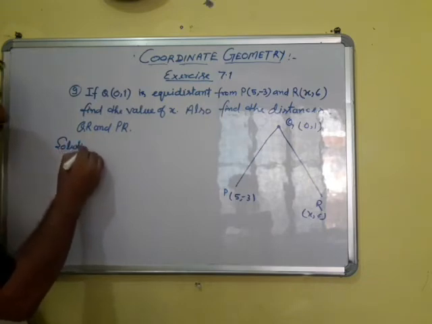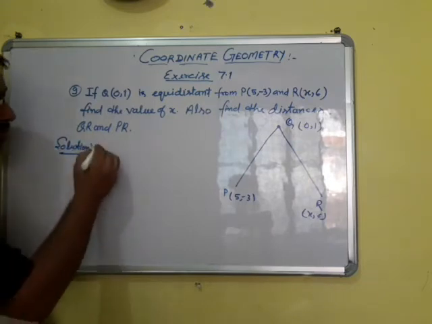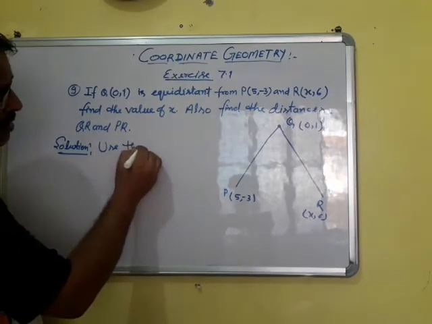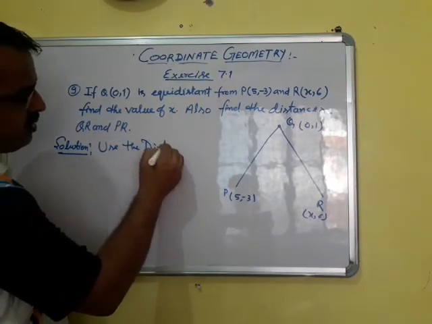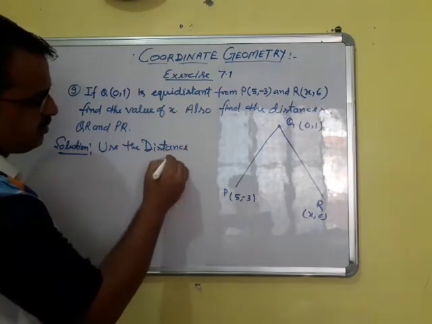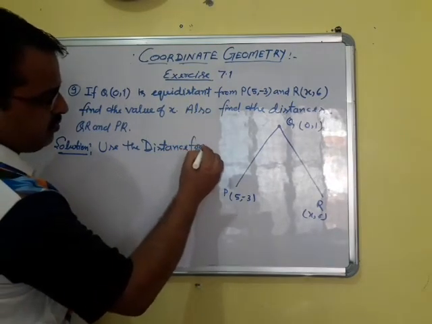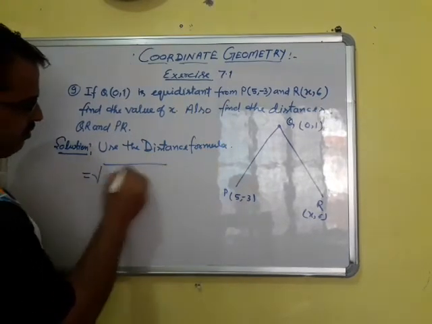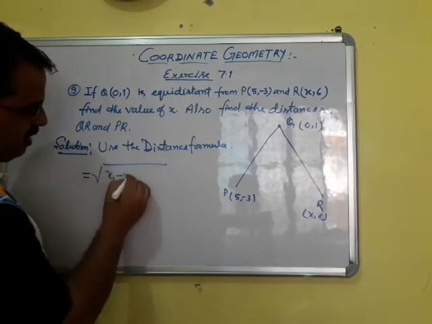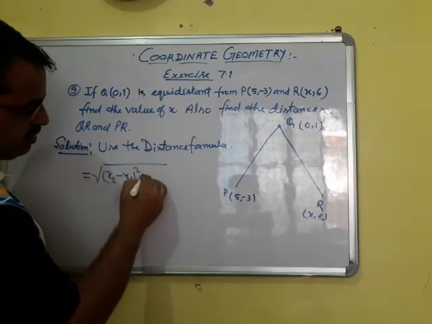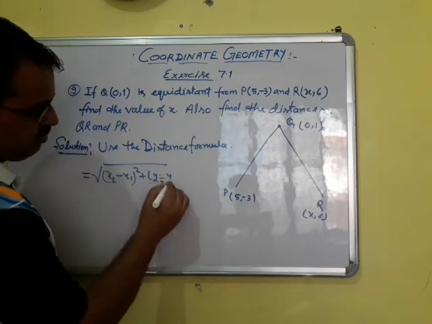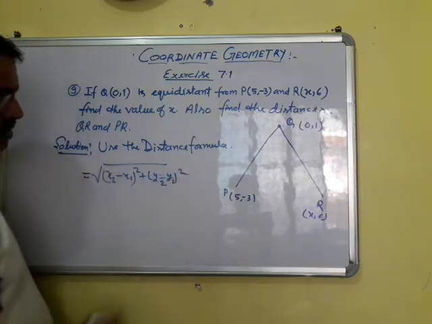Solution. Use the distance formula: distance is equal to the square root of (x2 minus x1) whole square plus (y2 minus y1) whole square.